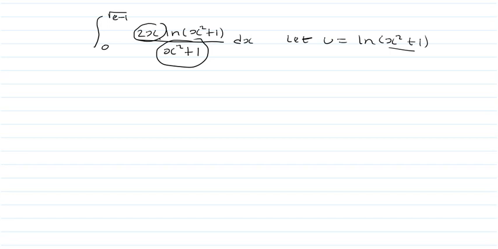In this case, we differentiate our u, we get du, which equals the differentiation of ln of x squared plus 1. We just differentiate the inside, which will be 2x, then we divide it by the inside function, which is x squared plus 1.